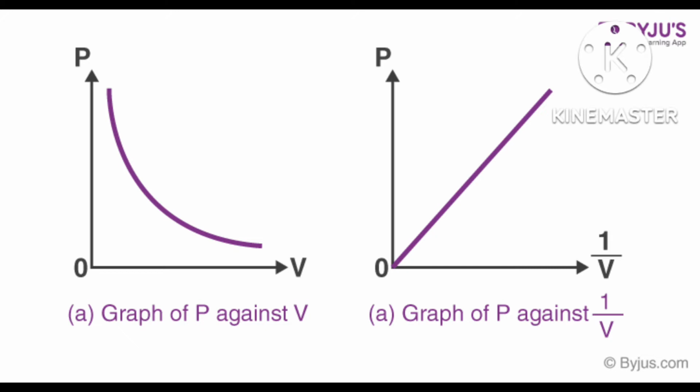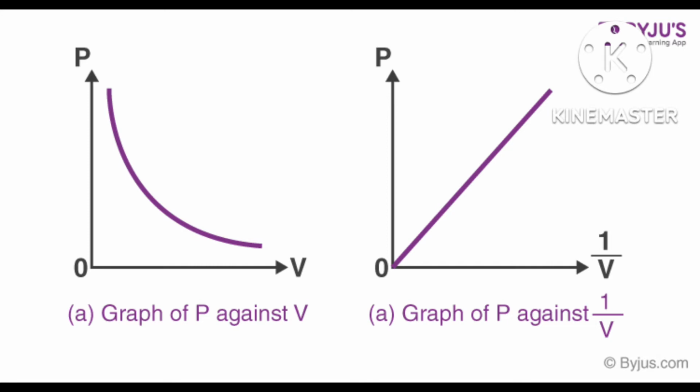Suppose a fixed amount of gas at constant temperature T occupies volume V1 at pressure P1 and undergoes expansion so that the volume becomes V2 and the pressure becomes P2, meaning both are changing. In the beginning, suppose pressure was P1 and volume was V1.